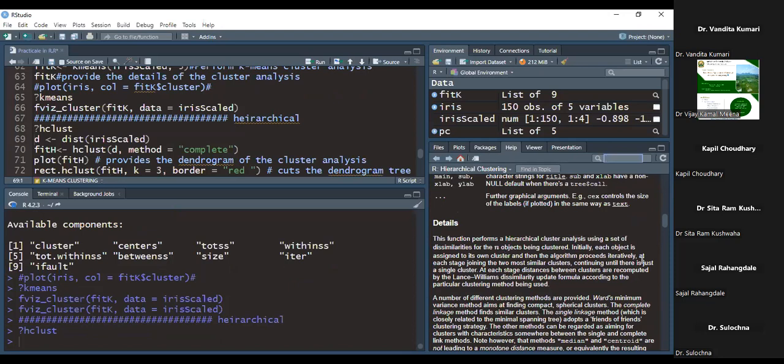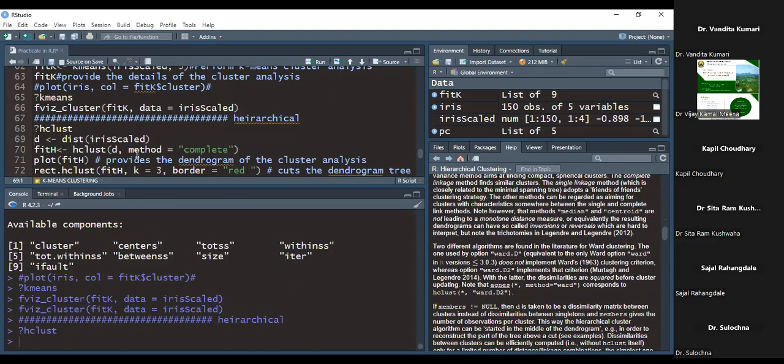I've also discussed it in the slides, so you can go through its description to know more. Before performing the cluster analysis using the hierarchical method, first we would like to know the distance of the data set. This is done using the function dist, and in brackets the name of the data set. The variable name I have given as d, anything can be given. So let's define d as the distance of iris scale.